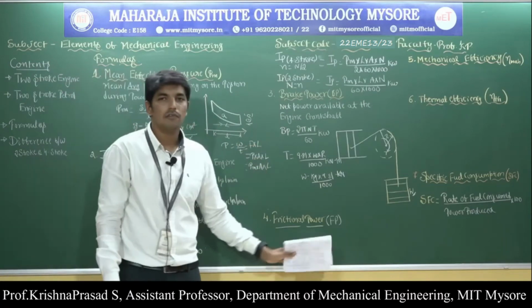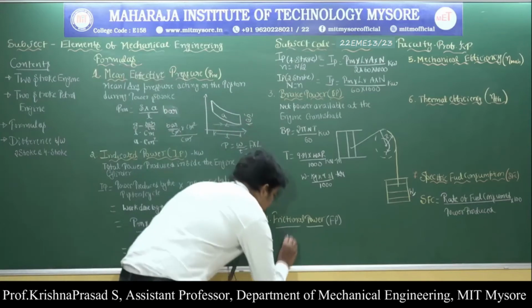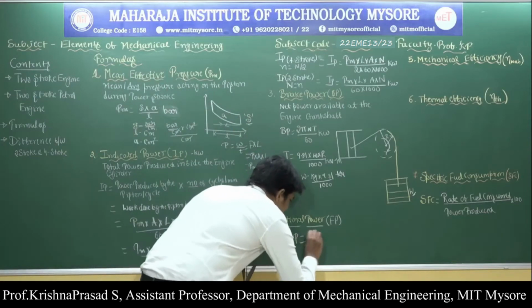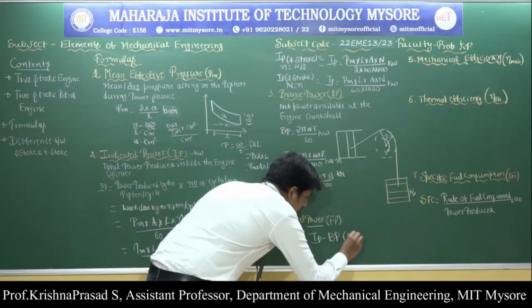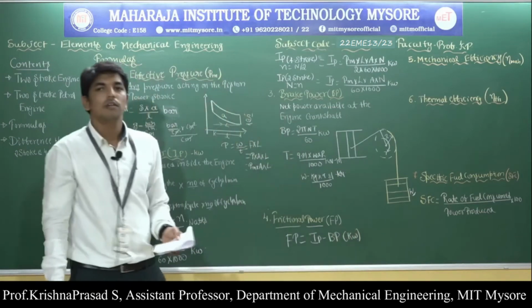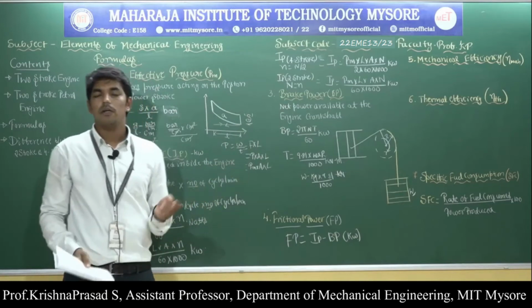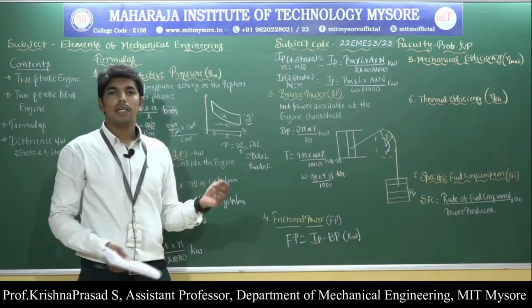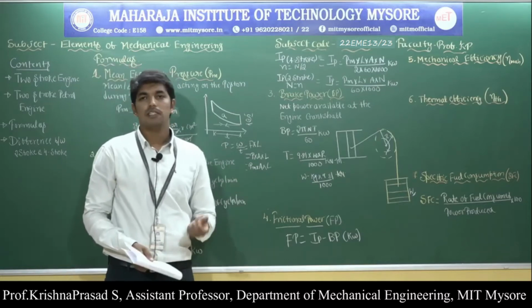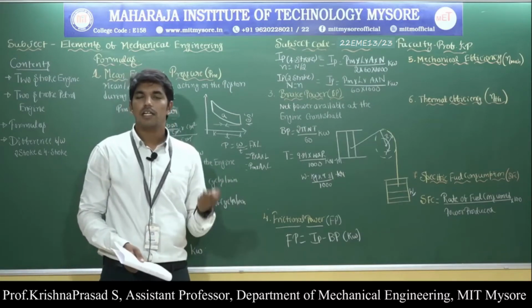Last one: what is meant by the frictional power? Frictional power is the difference between indicated power and brake power, also in kilowatt. Whatever power is developed due to the combustion of the fuel is transferred to the engine crankshaft. But there are moving components like the piston, crankshaft and connecting rod.